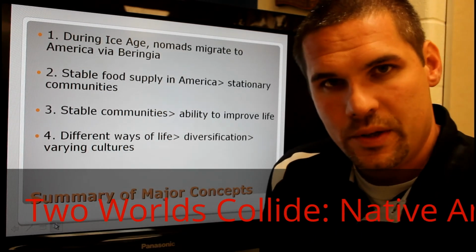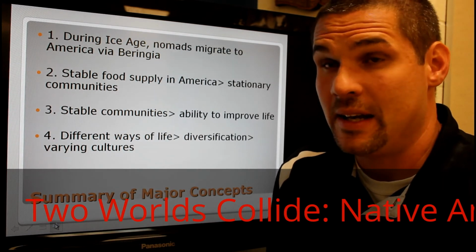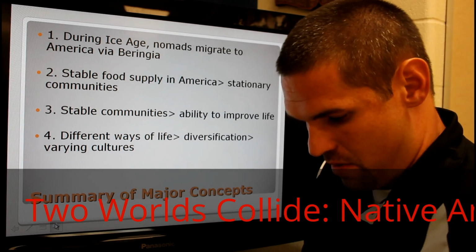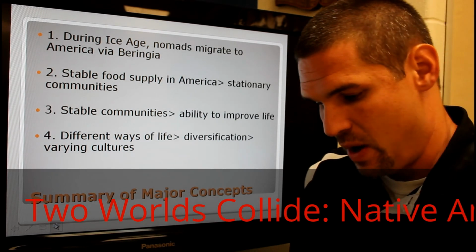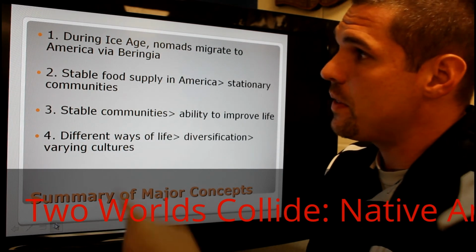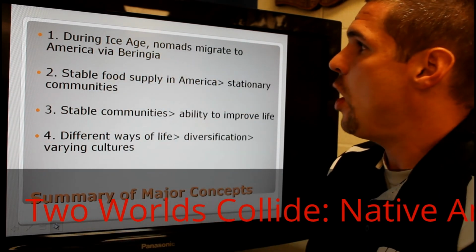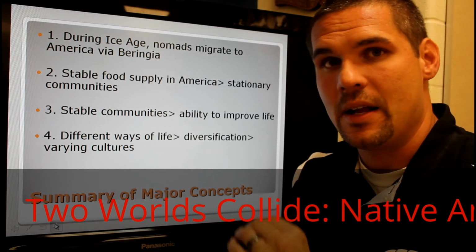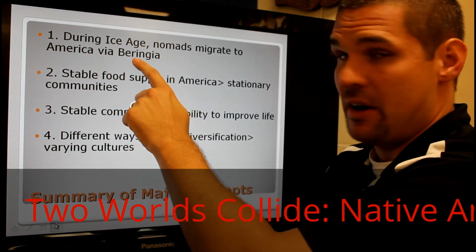So just to review some of the main concepts in this lecture, you can fill this out on page 4, summarizing what you've learned today in that flowchart. We begin with number 1. During the Ice Age, nomads migrated to America by the land bridge we call Beringia.